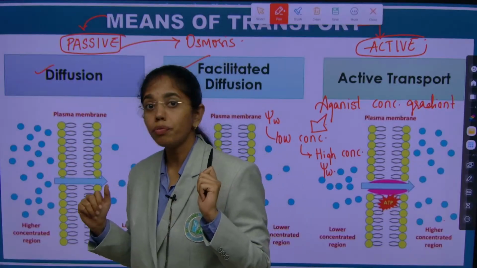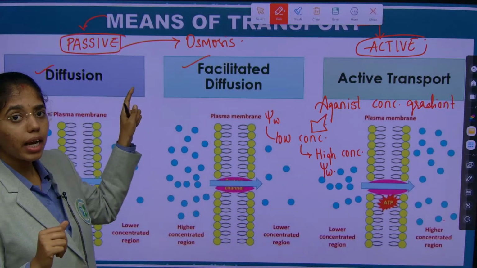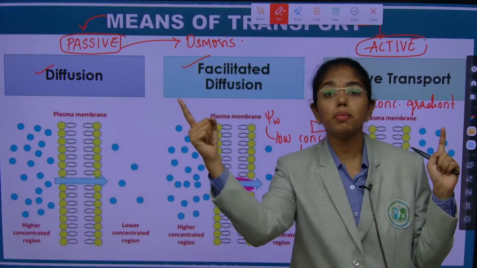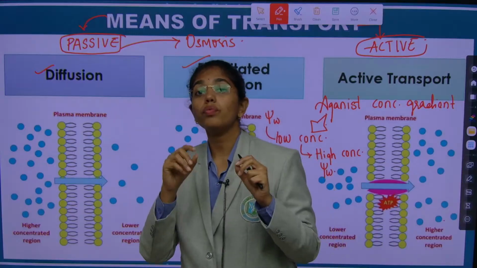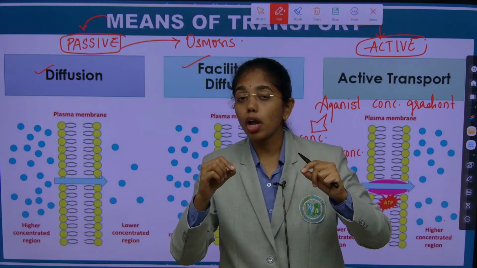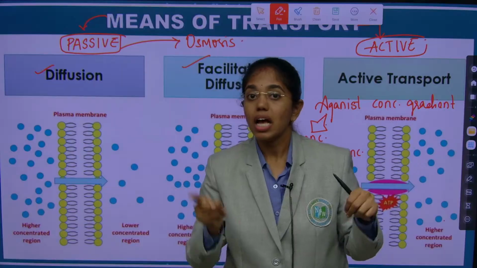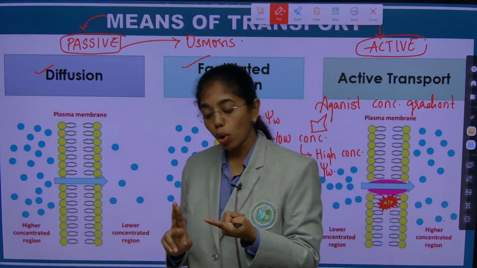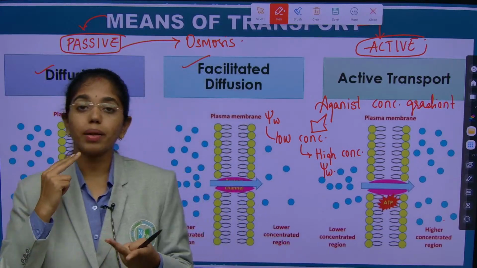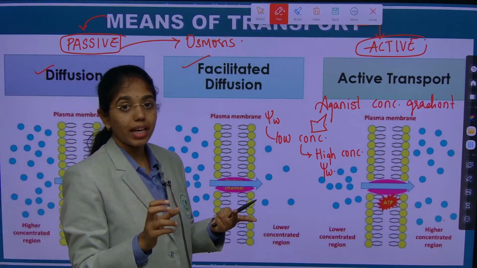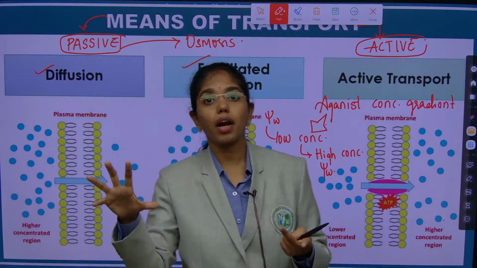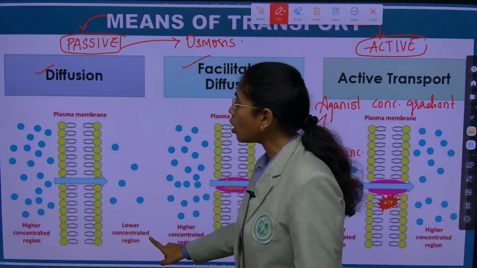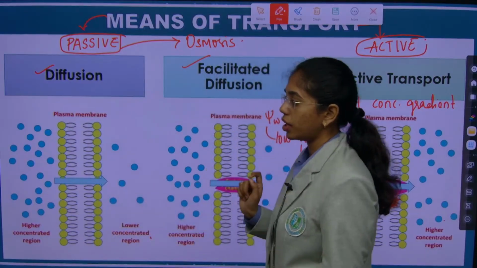Even with room fresheners sprayed at one corner of the room, the smell will spread out to the entire room, which means the gaseous molecules are diffusing all across. The same happens in the cells as well. Both liquid and gaseous molecules will diffuse all around. That diffusion is from high concentration to low concentration, across the concentration gradient.